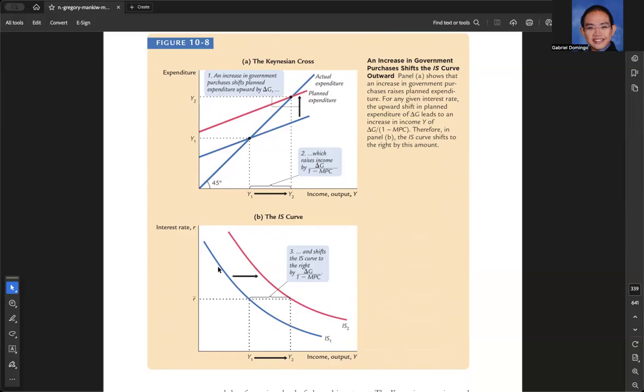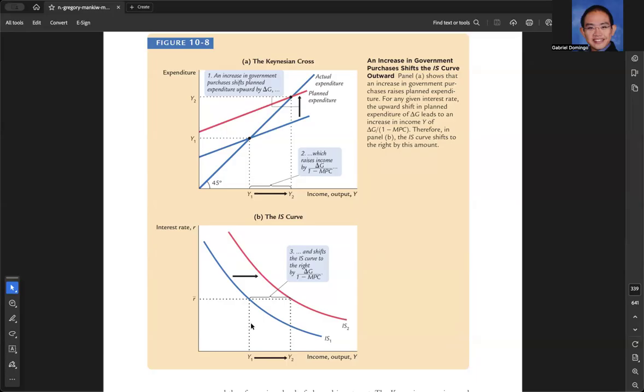If you change the price, you're moving along the demand curve to give you the quantity demanded. So clearly, if you change something that's not R or not Y, then it's going to shift the curve because it's simply not here. So I invite you to think of all of the other variables in the goods market equilibrium that are not R and not Y, and then change them.